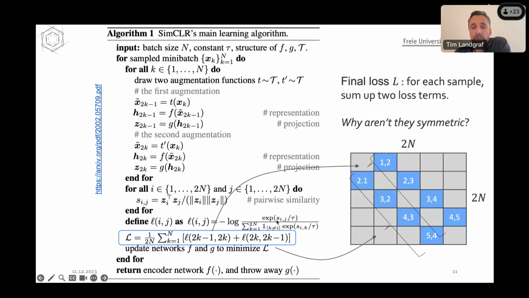Also, the similarity between i and j and the similarity between j and i should be the same. But in the denominator, we sum up over other similarity pairs.